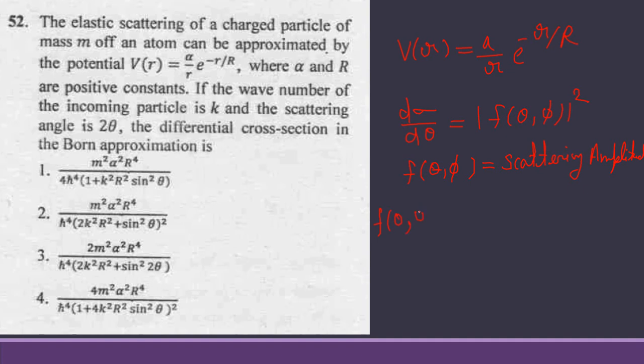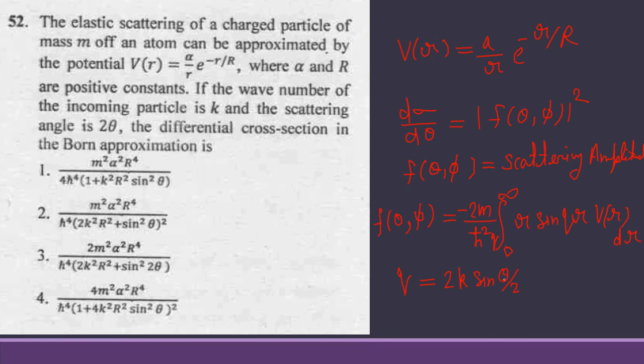You need to memorize the formula, and the formula is minus 2m upon h cross square integration limit 0 to infinity r sin(qr) V(r) dr, and here q is the momentum transfer, and the value of q will be 2k sin(theta by 2).